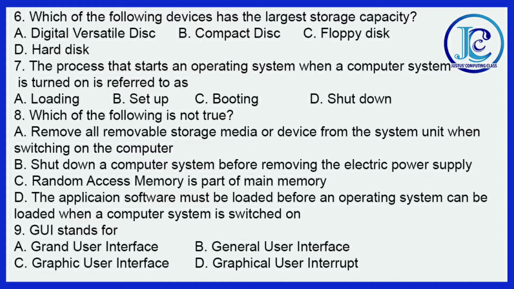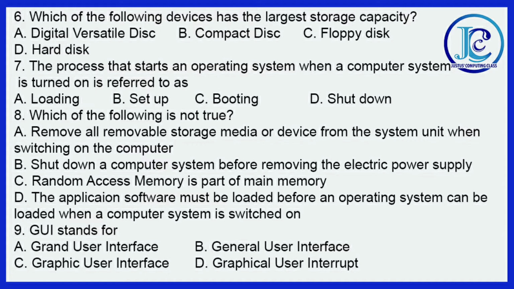Question 7. The process that starts an operating system when a computer system is turned on is referred to as A, loading, B, start up, C, booting, then D, shut down. Question 8. Which of the following is not true?